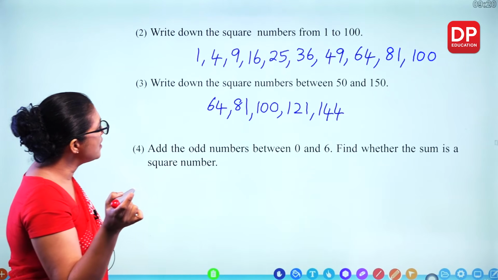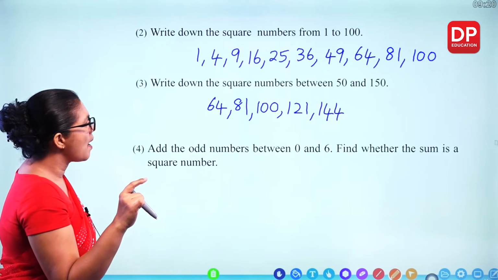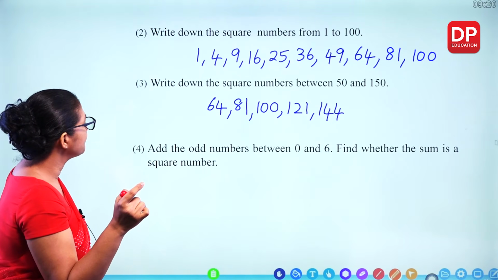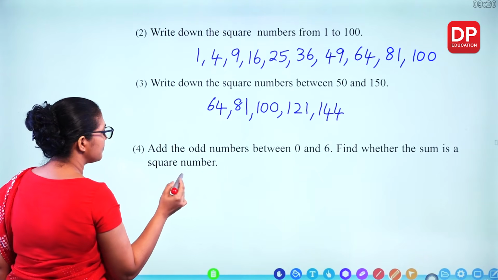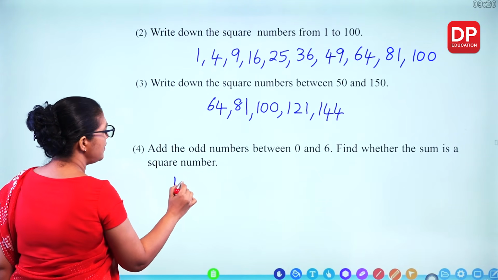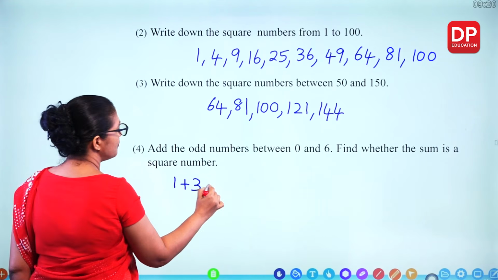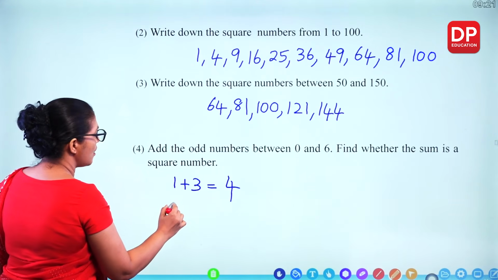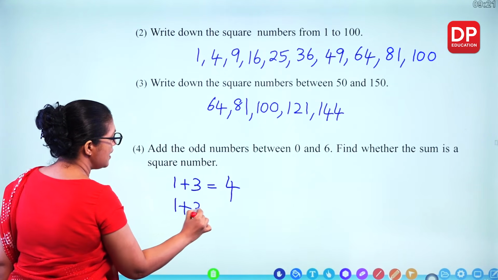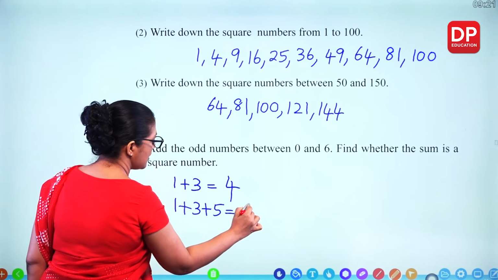Add the odd numbers between 0 and 6. Find whether the sum is a square number. 1, 3, you get 4. Then 1, 3, 5, you get 9.